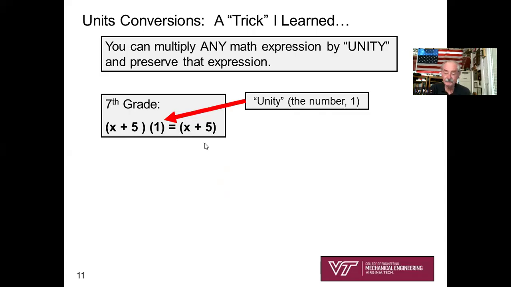In 7th grade, we'd laugh and make fun of that because that's obvious. And then I started putting 2 and 2 together to see that that has some value. So remember, you can multiply any algebraic expression by unity and preserve that expression.